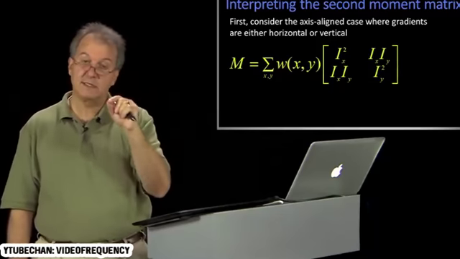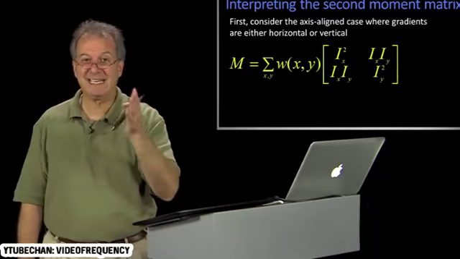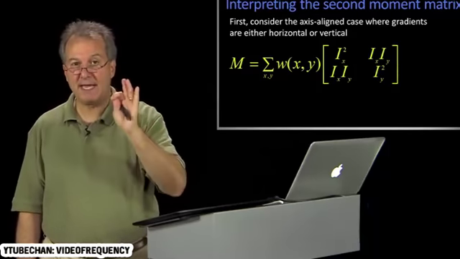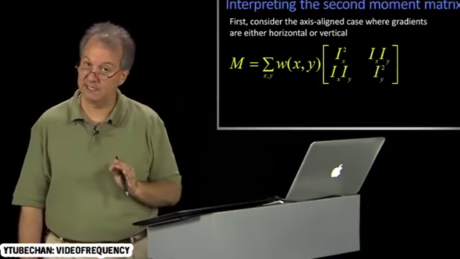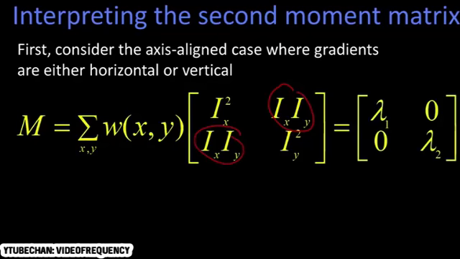Some places it'll be horizontal, some places vertical, but both Ix and Iy are never non-zero at the same time. Well, that would mean that these Ix times Iy terms would always be 0. So that would look like this, and I'm writing this as lambda 1, lambda 2. These are the diagonal terms. The off diagonals would be 0.